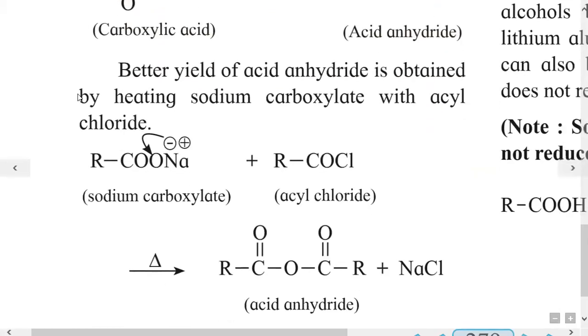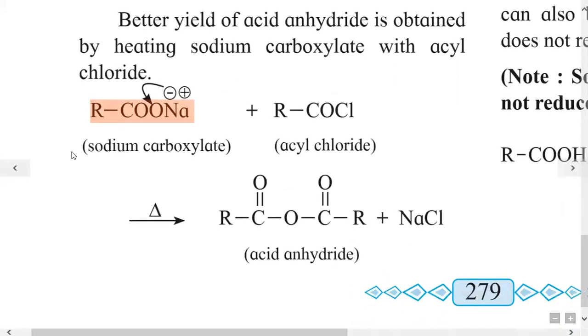A better yield of acid anhydride is obtained by heating sodium carboxylate with acyl chloride. RCOONa is the sodium salt of carboxylic acid, that is, sodium carboxylate.